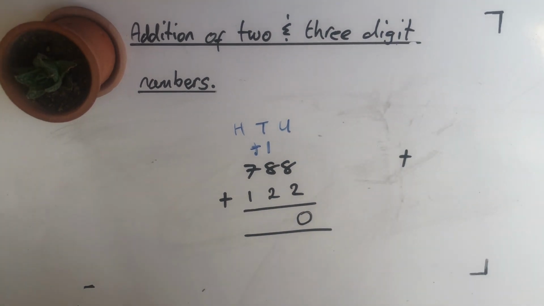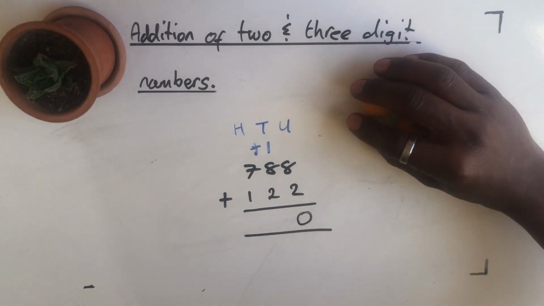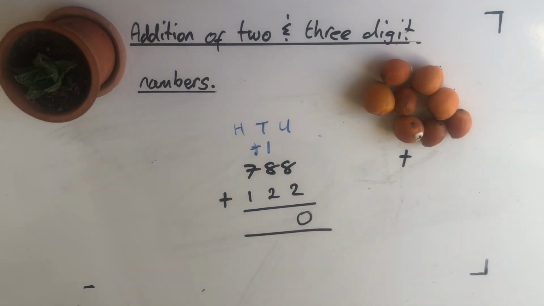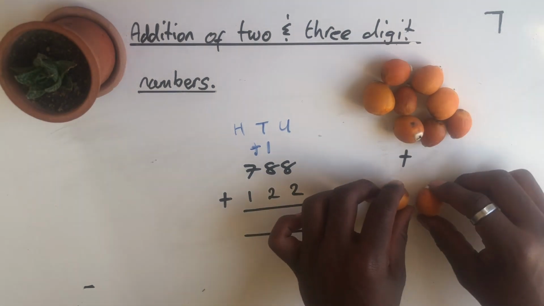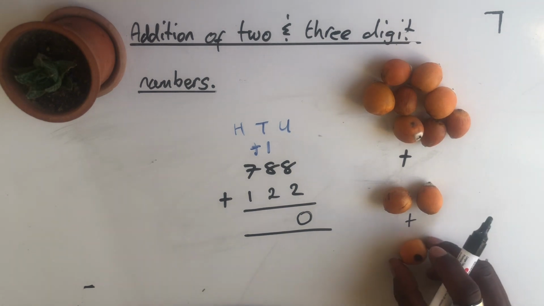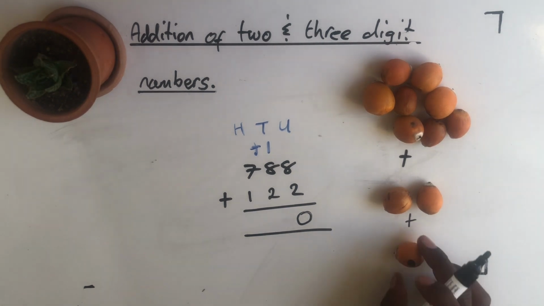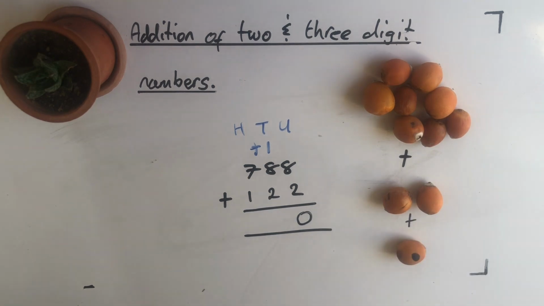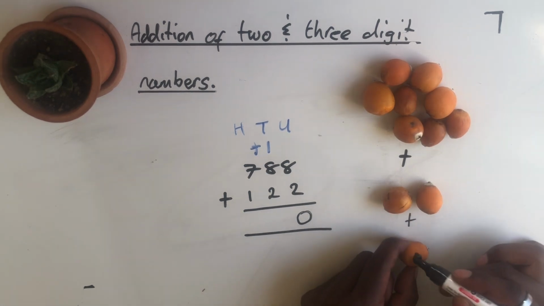And then we move on to the tens now. So the tens, yet again, we have 8 tens. All right, so that is 8 tens plus 2, right? Plus 2, and let's not forget that one that was carried. Okay, I hope you can still see. Just make that a little bigger.